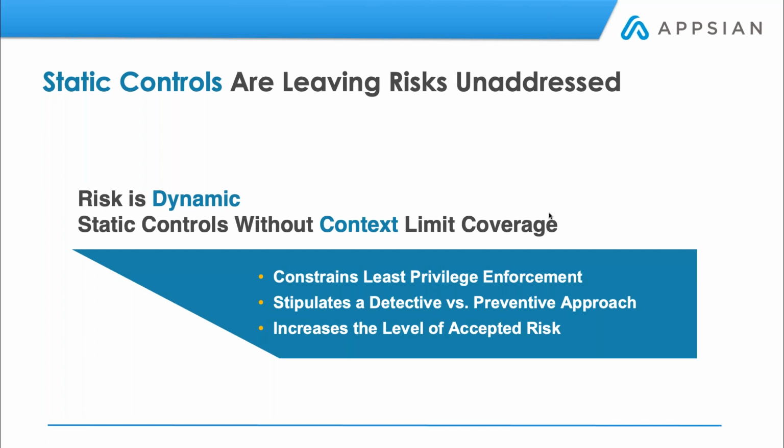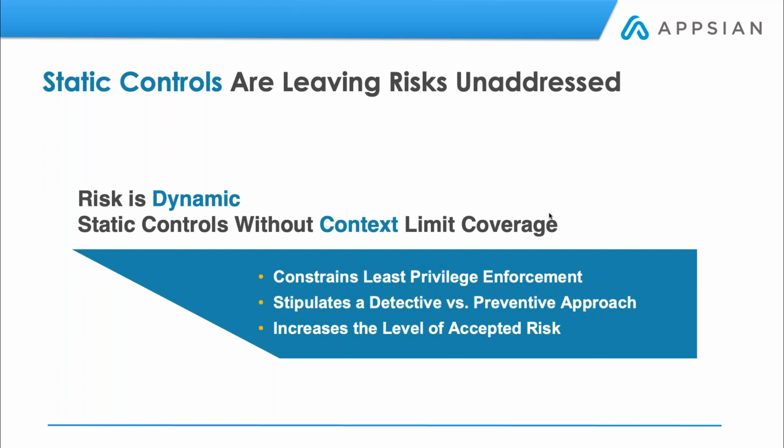So as the risk continues to change, static controls without context only limit the coverage that you can protect. It's going to constrain least privilege enforcement. It's going to stipulate a detective versus preventative approach. And that's one of the things that organizations struggle with: moving from being detective to being proactive or preventative.